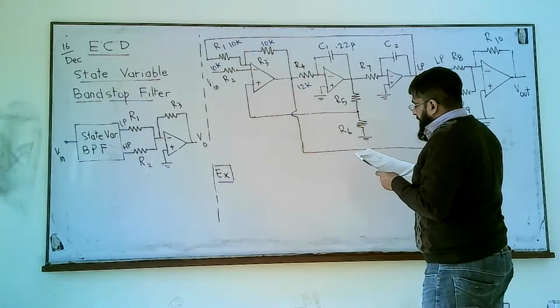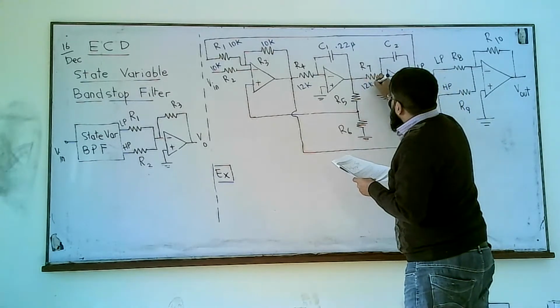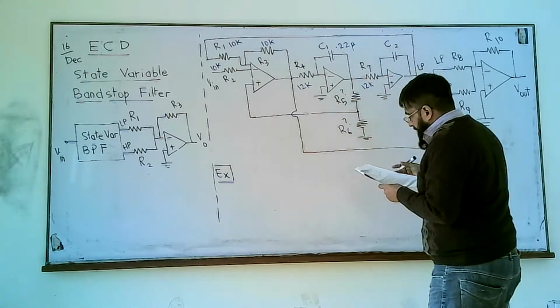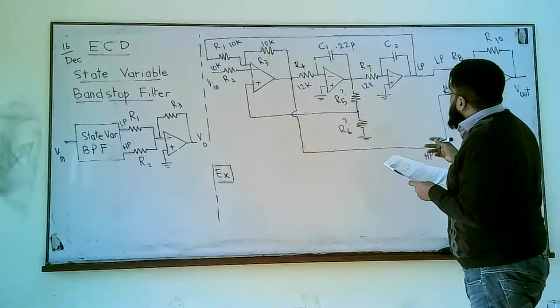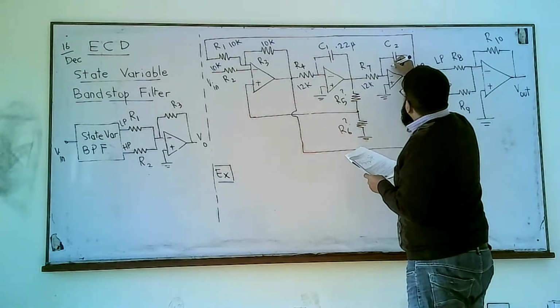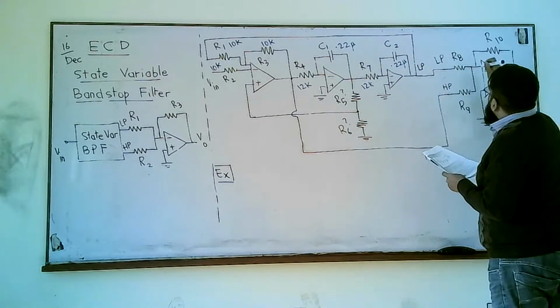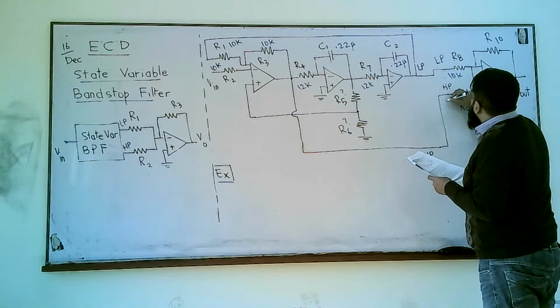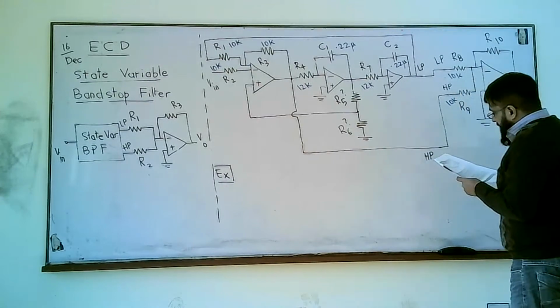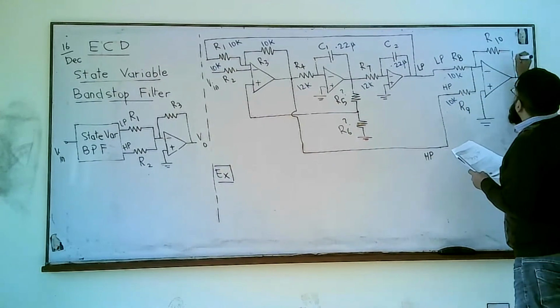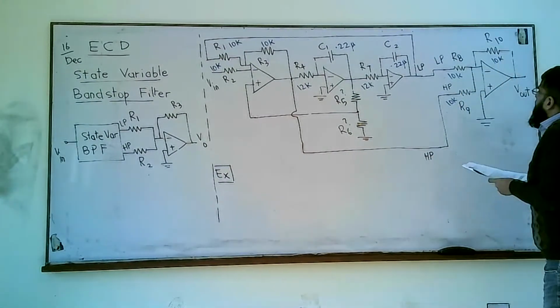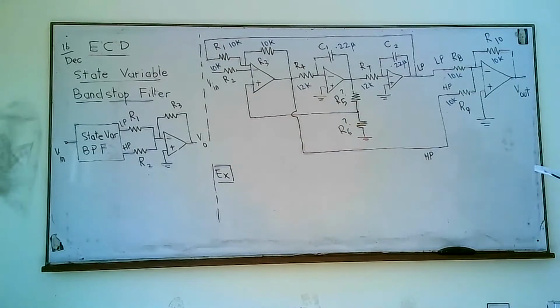R5 and R6 are not given, R7 is 12K, C2 is 0.22 micro, R8 is 10K, R9 is 10K, R10 is also 10K, giving a gain of -1.